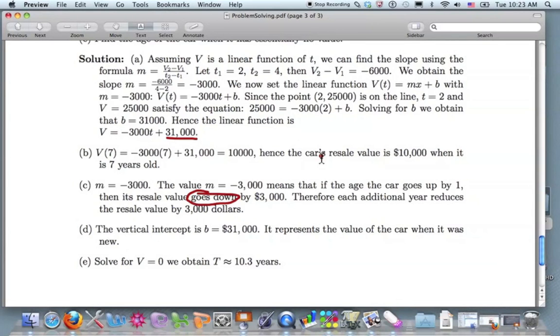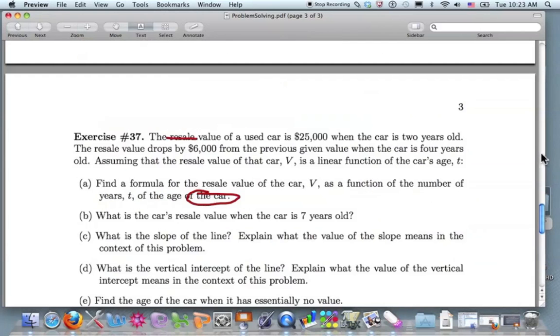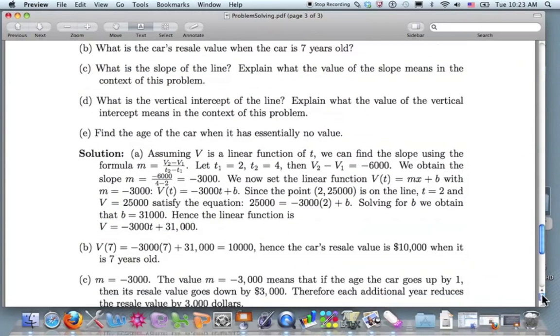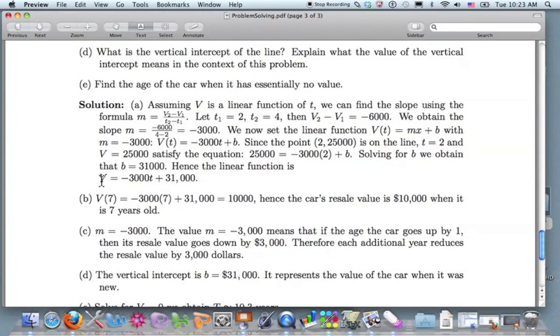The last question, we want to find the age of the car when it has essentially no value. How do we find that? We need to find from this equation when v equals 0, no value.